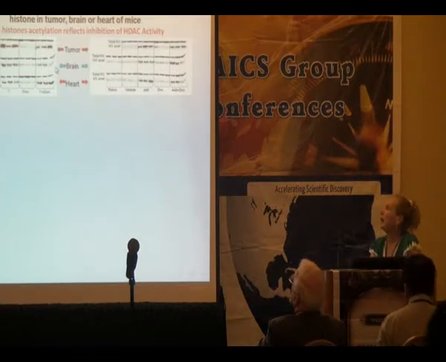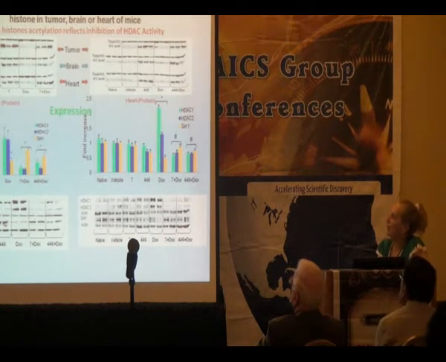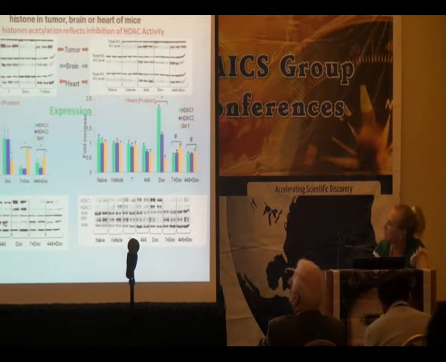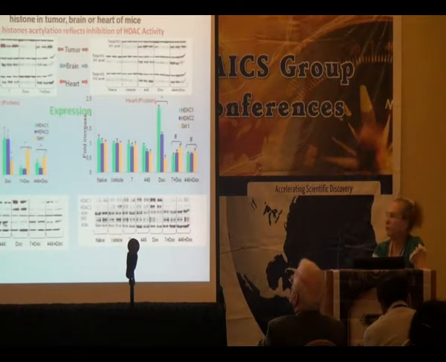So in all tissues, the treatment with the prodrug enhanced the acetylation of histones, as you can see here. The prodrug increased acetylation, so that means that they inhibited HDAC activity. Inhibition of HDAC activity increased hyperacetylation of histones.